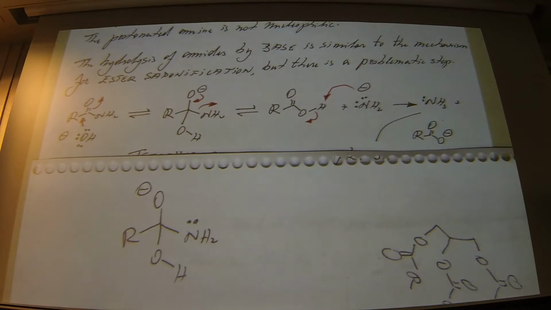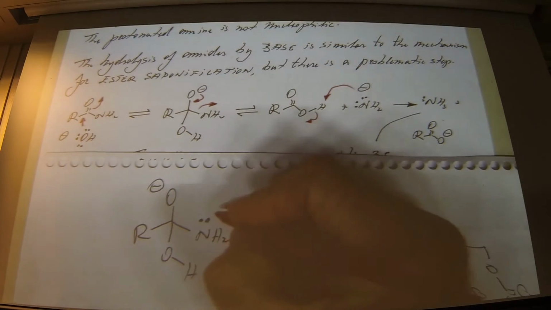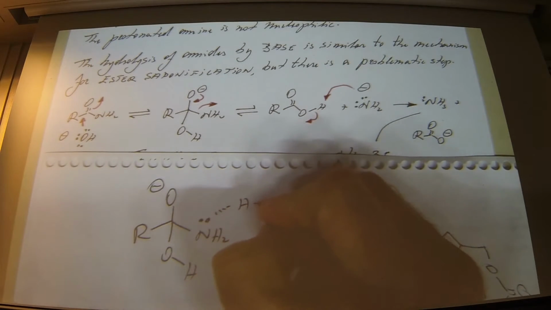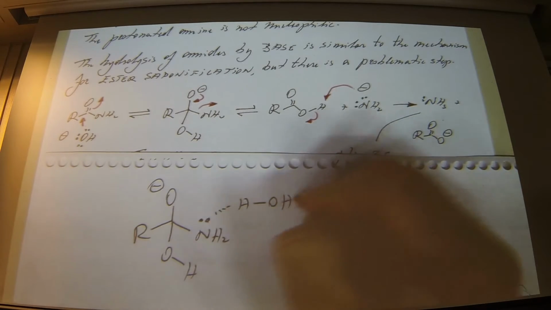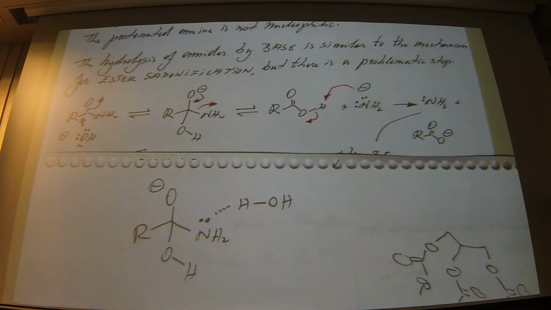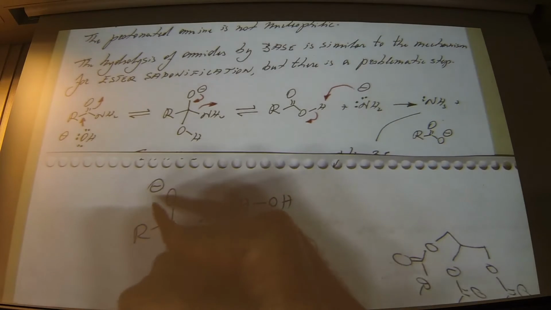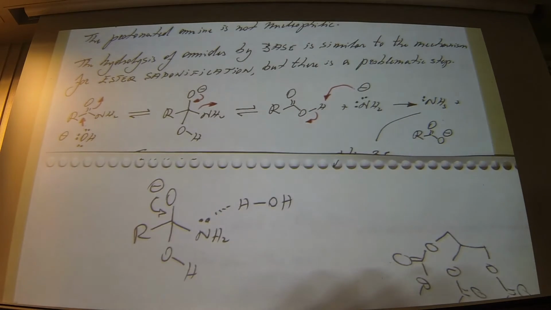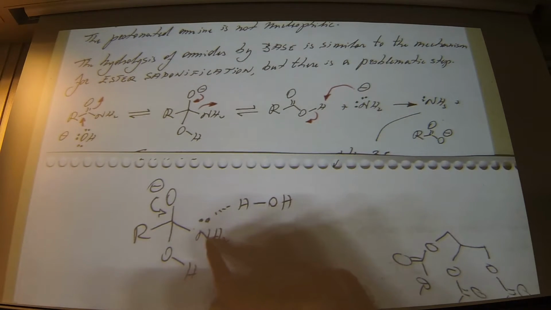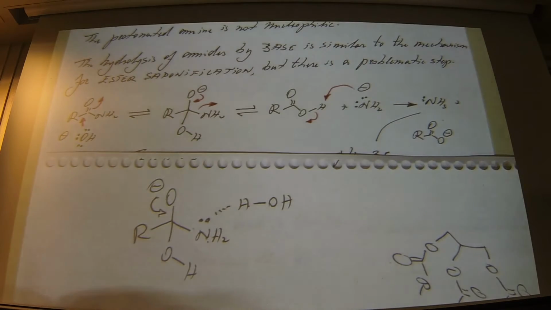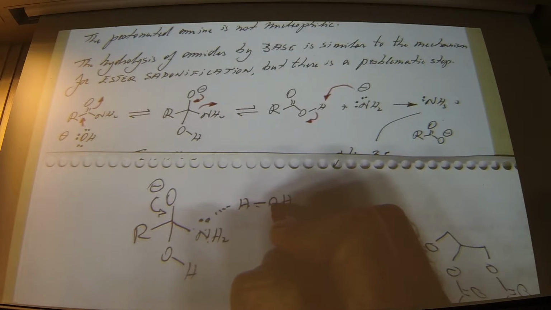What do you think that lone pair can do in water? It can hydrogen bond, can't it? If it's hydrogen bonded, then as you collapse this intermediate, you don't ever have to form a free NH2 minus. You form a nitrogen atom that's got a partial negative charge, but as you're breaking this bond, you're also forming that one and breaking that one.